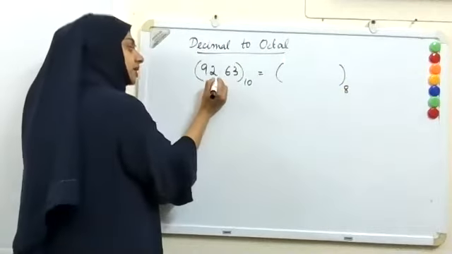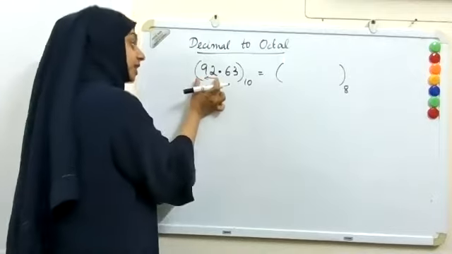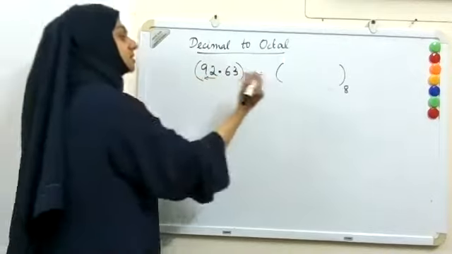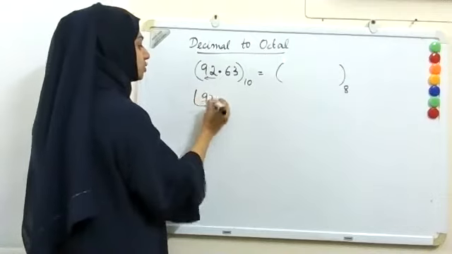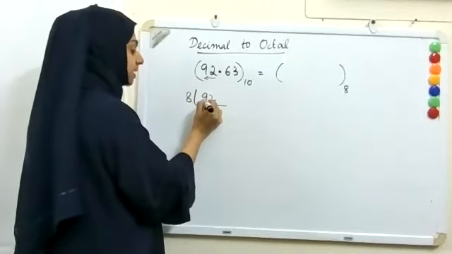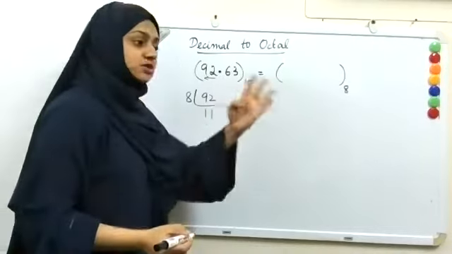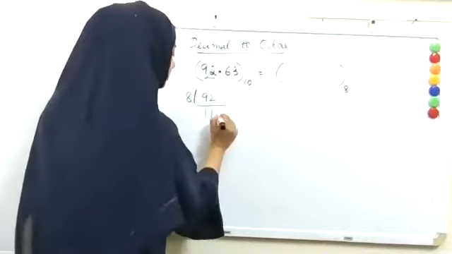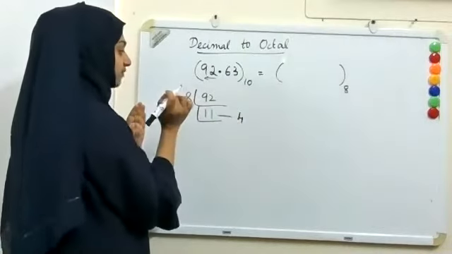So first we will take the digits which are before the point, and for that we have to divide it successively with 8. So I am dividing 92 with 8. 9, it will go once, 1 balance, 12, it will go 1. So 8, 9, 10, 11, 12. 4 is the remainder. So the quotient is 11 and the remainder is 4.